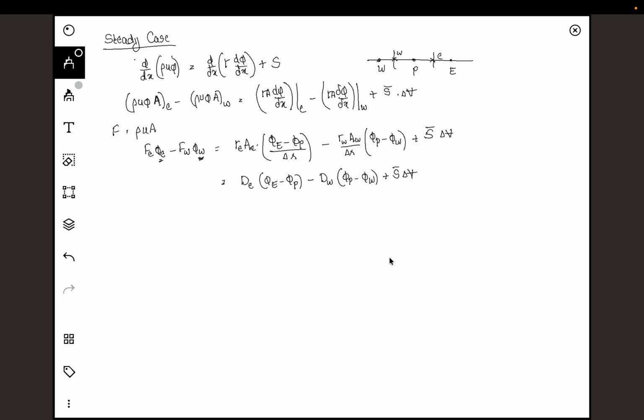The first one of them, I'll just write this again. So this is our starting equation. Let me rewrite the equation in a slightly different form, so it will be easy a little later. If we take this cell volume, this equation can be rewritten as: whatever is generated inside should be equal to the net flux going outside in either direction.